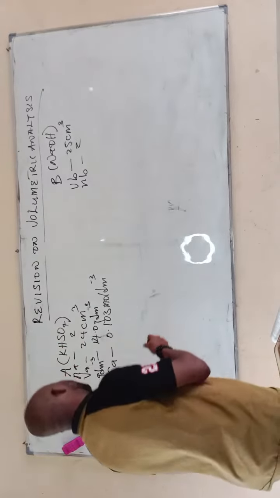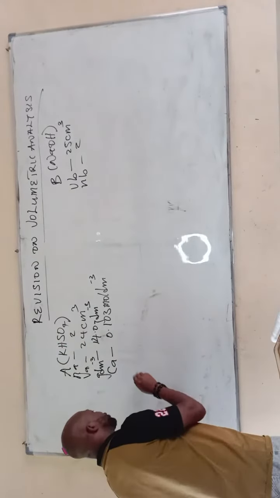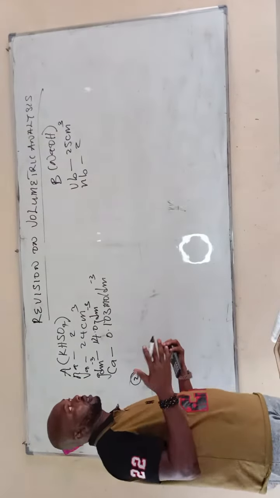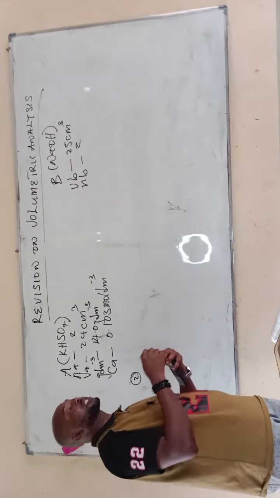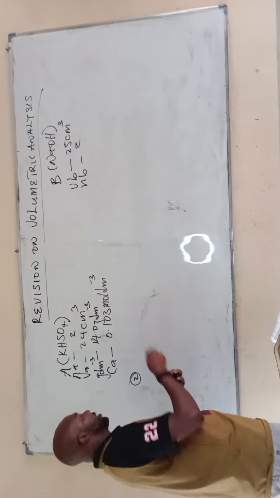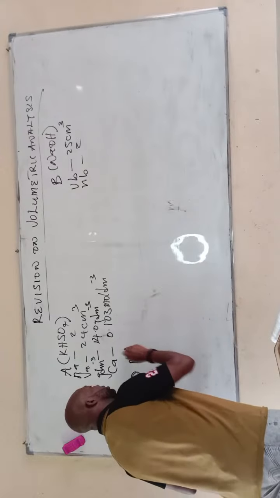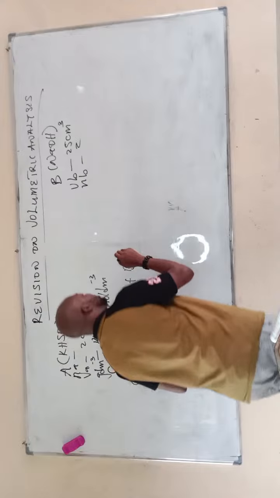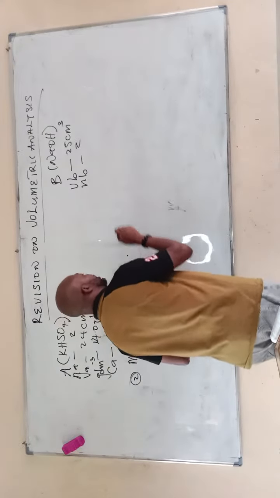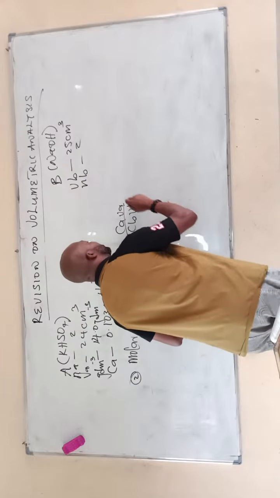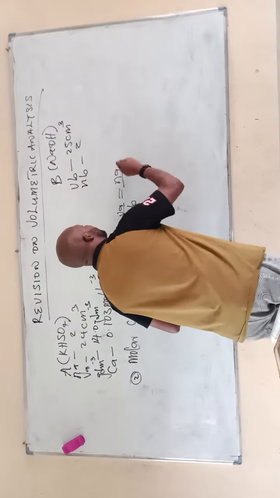All right, now let me call this 2, although they didn't ask us of this, but it is a basic requirement which can only aid us to get what we need. So the concentration, let me call it molar concentration of B. This can be gotten by using the formula CAVA over CBVB is equal to NA over NB.